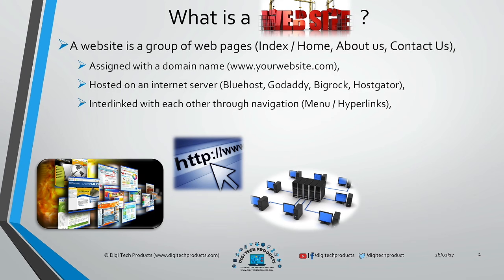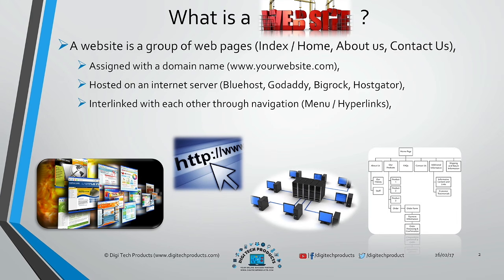And all these web pages are interlinked with each other through menus and hyperlinks or links. That is basically called a sitemap. As you can see here, this is the home page, about us page, products, FAQs, contact us, additional information.